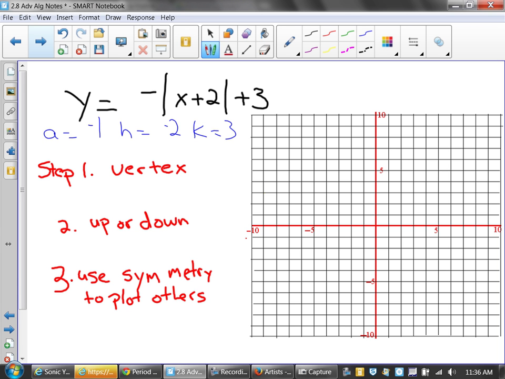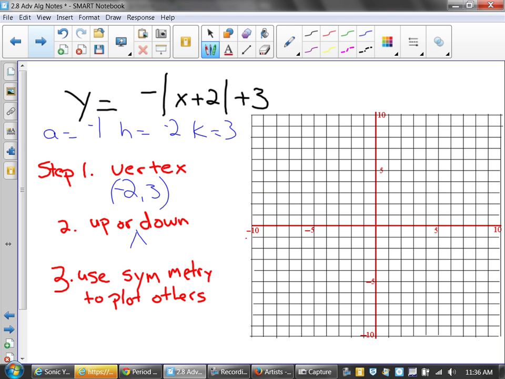From that information, I now know where my vertex lies. I now know that my vertex is going to lie at the h, k. Well, the h, k is at -2, 3. I also know that it's going to open what direction? Down. Why is that? It's negative.